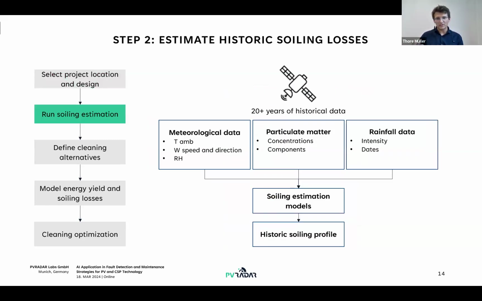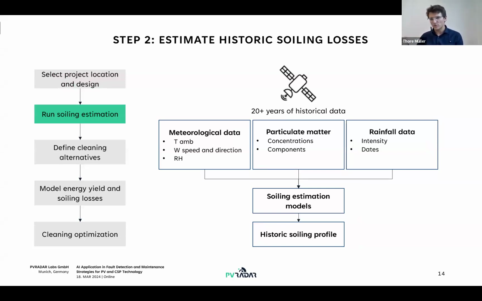Now then, for that location and for that technical design, we run a soiling estimation, and we do this on the basis of historic data. So we collect from different sources meteorological data: the ambient temperature, wind speed and direction, humidity.